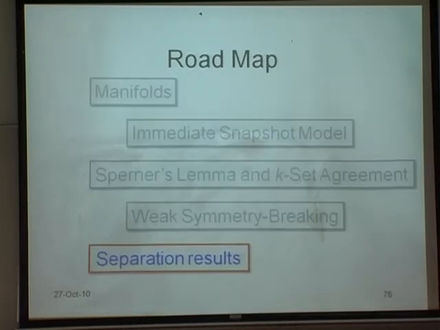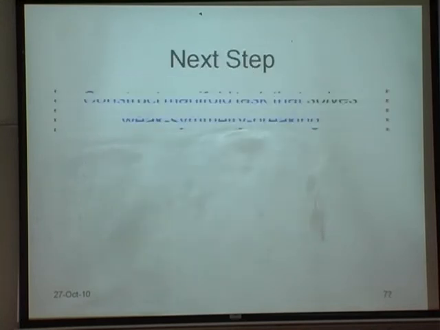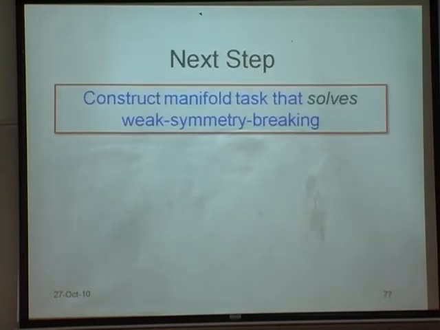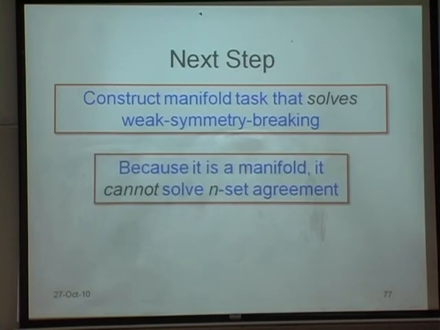And so what I want to do is show you that weak symmetry breaking and k-set agreement, that there's a separation between them. So I'm going to construct a manifold task that solves weak symmetry breaking. Now, we've seen that manifold tasks cannot solve n-set agreement, and that will give us our separation.